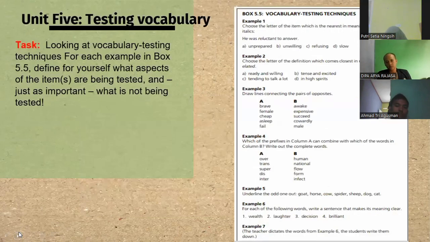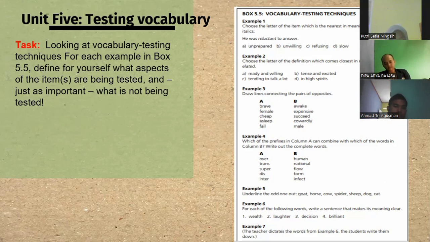The next unit is Unit 5, Testing Vocabulary. So the task is looking at vocabulary testing techniques. As you can see on box 5.5, vocabulary testing techniques.